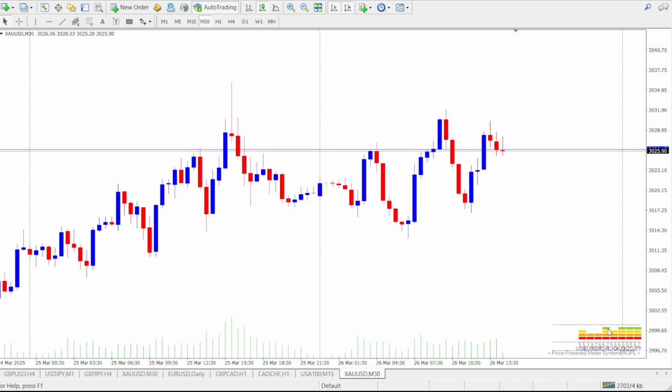This helps traders easily spot which currencies are bullish or bearish, making it easier to pair the strongest currency against the weakest.